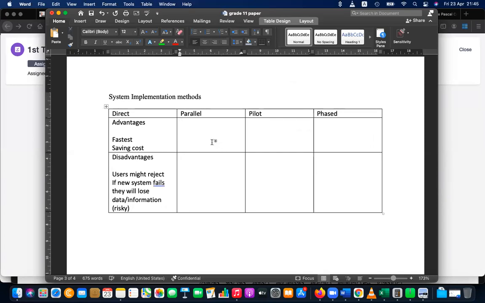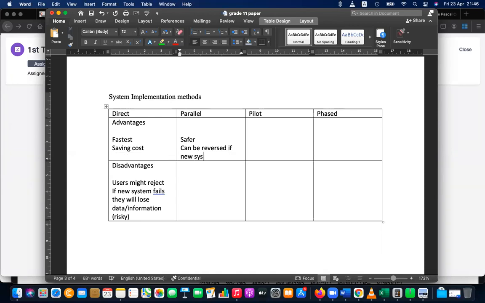And parallel implementation is safer. Another advantage is that it can be reversed if the new system fails, because you are still using the old system.